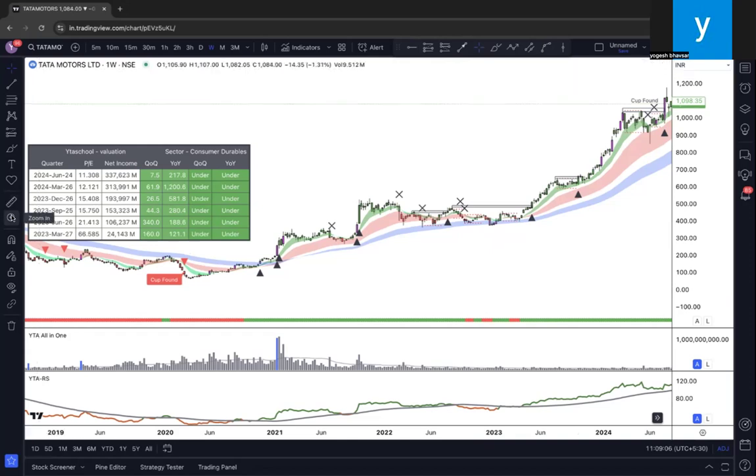No. But there are higher probabilities that if the stock is outperforming the Nifty, it will try to keep outperforming the Nifty or your benchmark, and may give a higher rally than your index. By how much, we do not know.